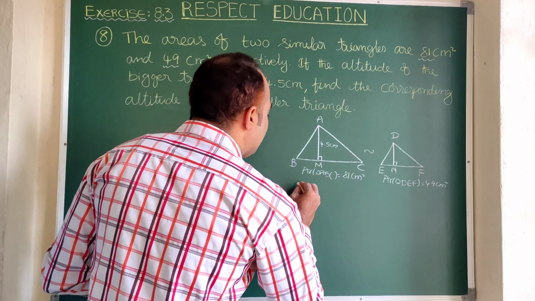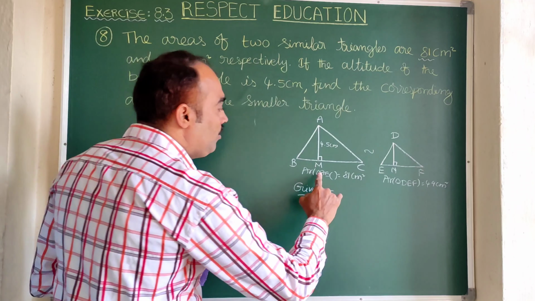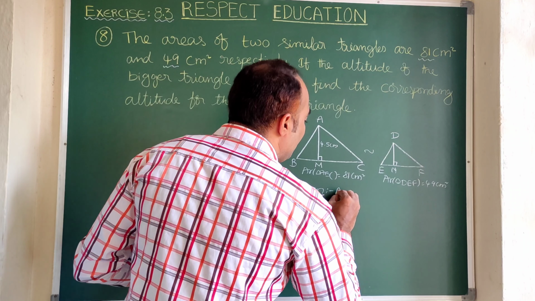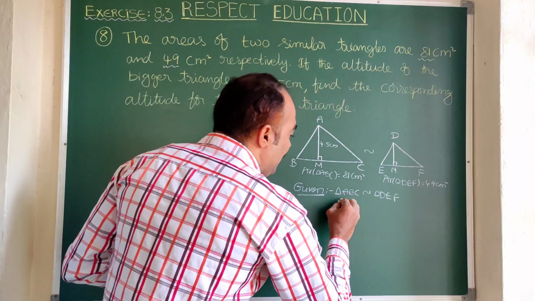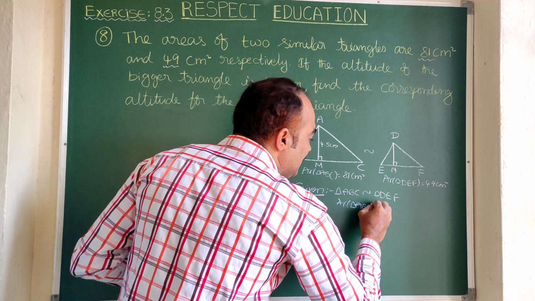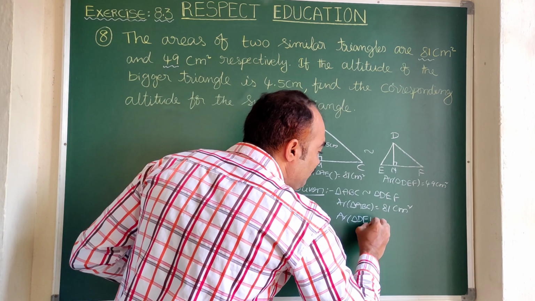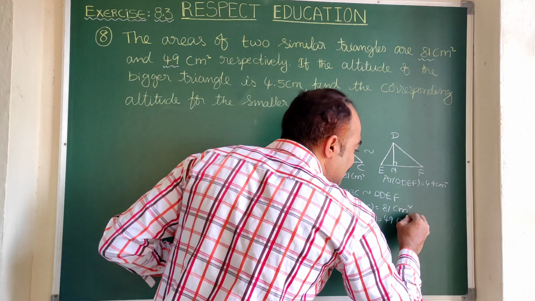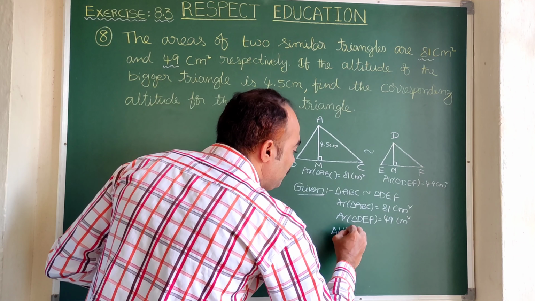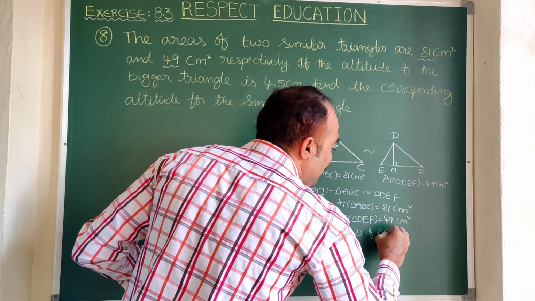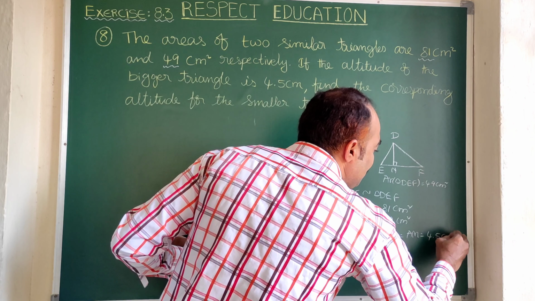So now let us write the given data. Triangle ABC is similar to triangle DEF, area of triangle ABC is equal to 81 centimeter square, area of triangle DEF is equal to 49 centimeter square, and the altitude of triangle ABC, here I am taking as AM, is given as 4.5 centimeter.